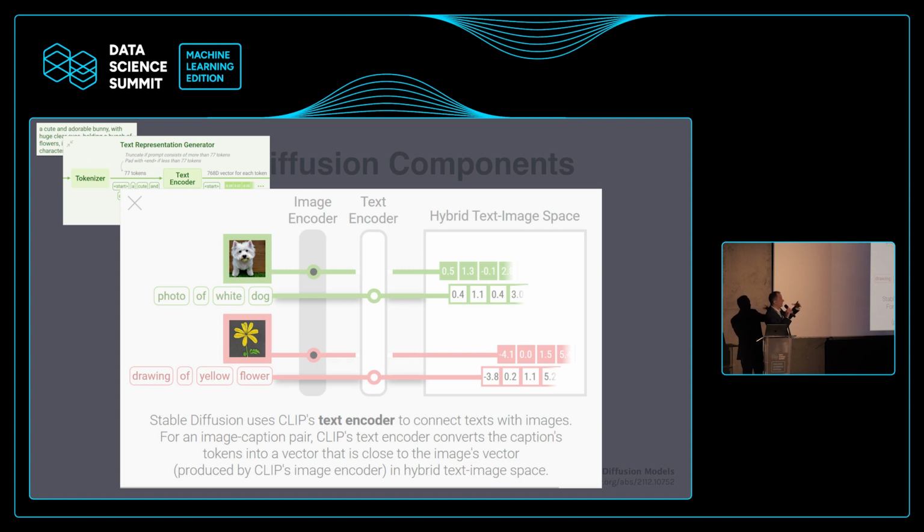And those that do not match, the descriptions that do not match the image, are actually in that space far away. So this is how they train this thing.